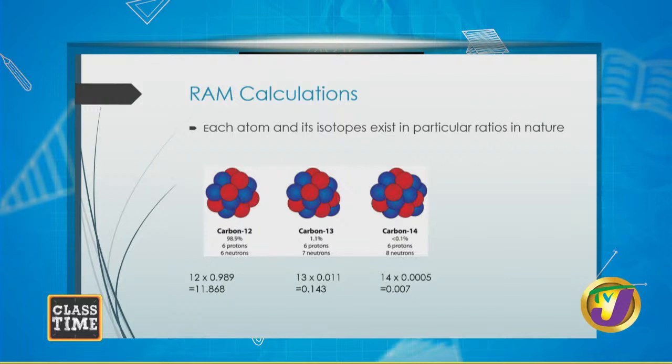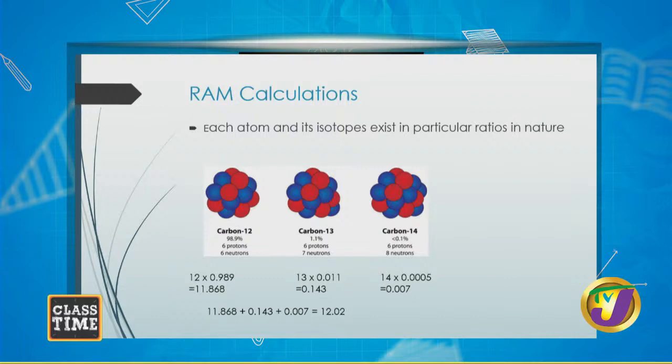And then when we do that, we'll get 11.868, and then we do the same for the other isotopes, and then we sum them. So it's the mass of the isotope multiplied by its abundance for each isotope, and then we just add them together. Once we add them, we'd realize that carbon has a mass of about 12.02 grams.